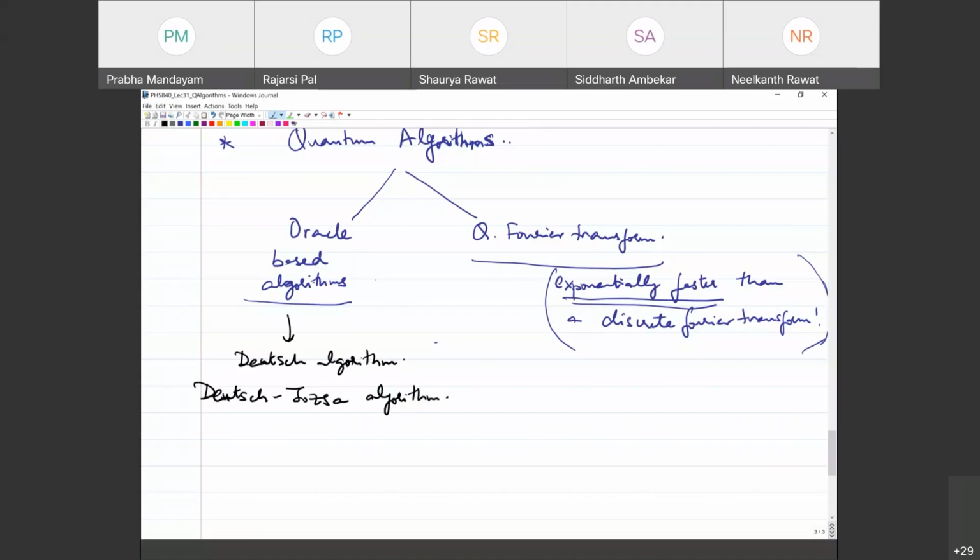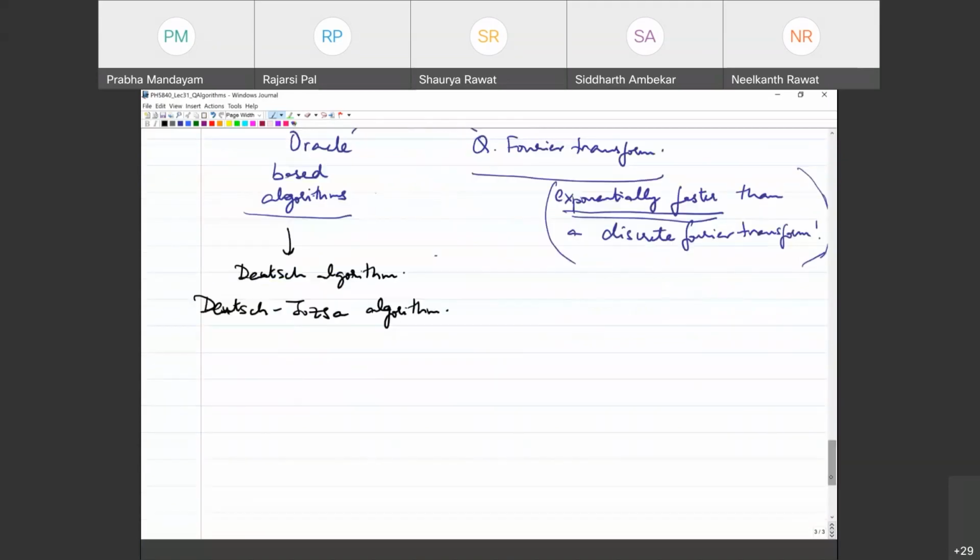And the third and most important algorithm which comes in this class is what is called the Grover search algorithm. Okay. So this also is based on constructing a certain quantum oracle for the search problem.